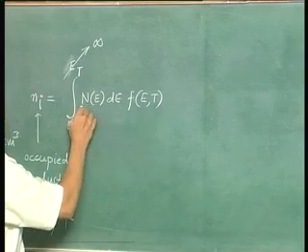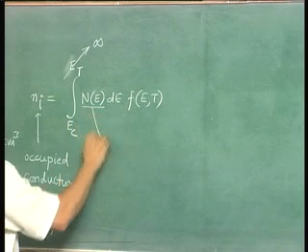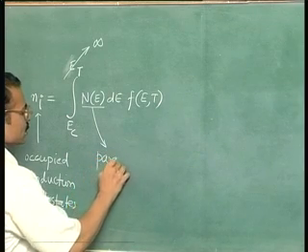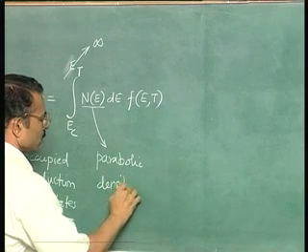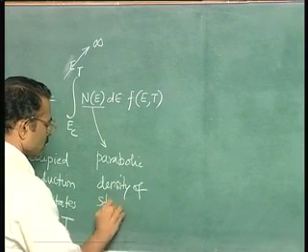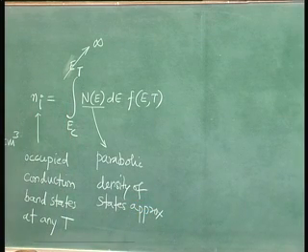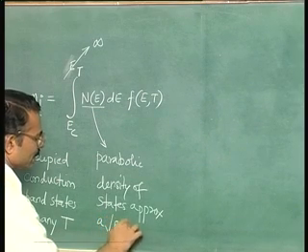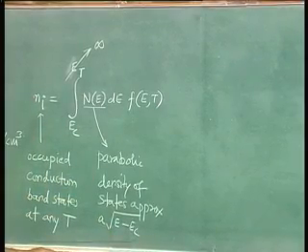The next thing is, for the density of states function, use the parabolic approximation. According to this approximation, your state density is given by square root of E minus EC into some constant. That is the parabolic density of states approximation.